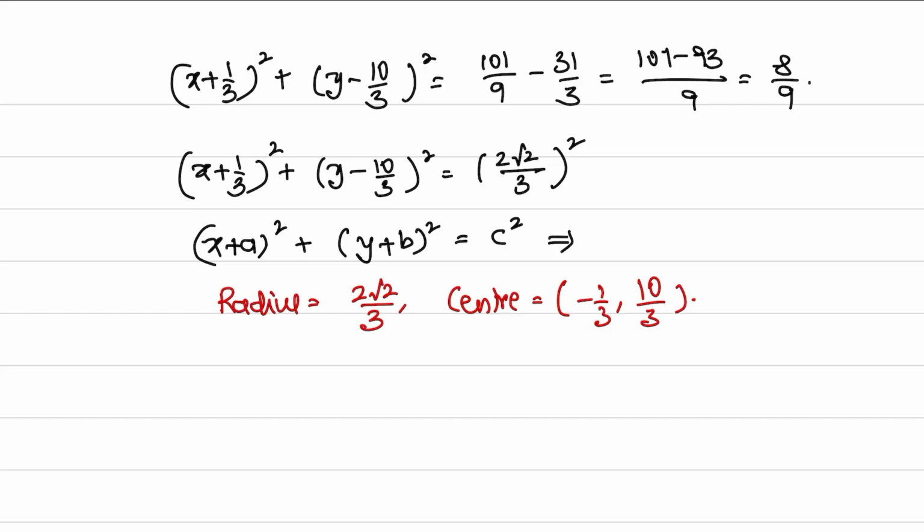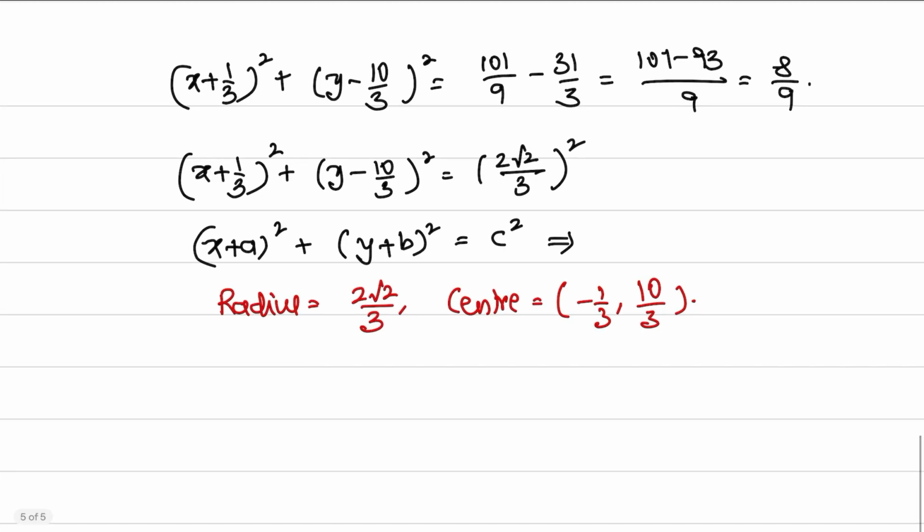The answer is that the locus of this point, or this curve tracing, resulted in our tracing of the curve to be a circle. It's a circle with radius 2 root 2 by 3 and center minus 1 by 3 and 10 by 3.